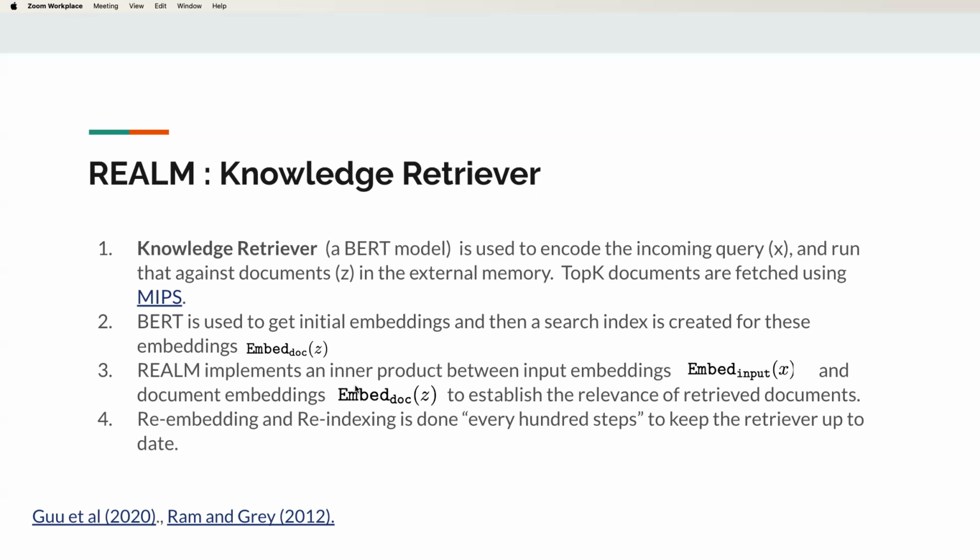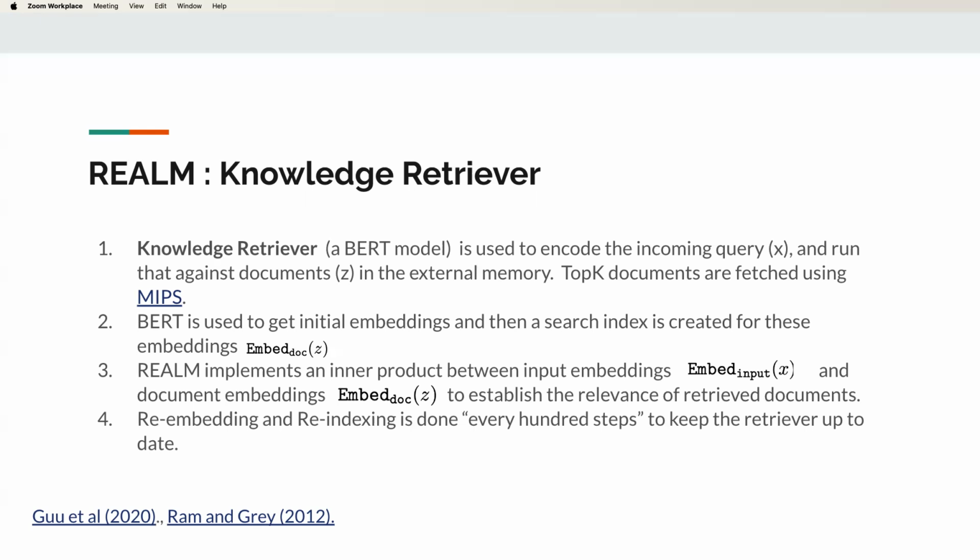An important thing to note is that these embeddings are both created from the same BERT model initially. But since we are not updating the document index or the document store very frequently, there is a fixed span between step 0 and step 500 wherein your retriever model keeps getting updated, and consequently your input embeddings also keep getting updated, but your document embeddings are fixed.